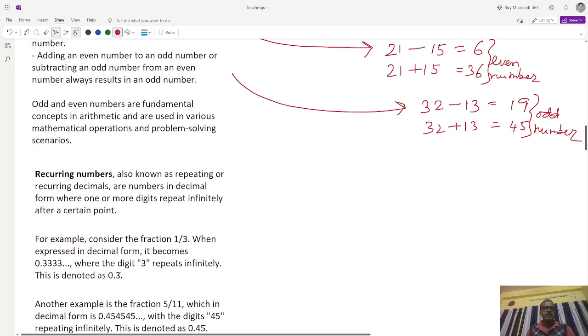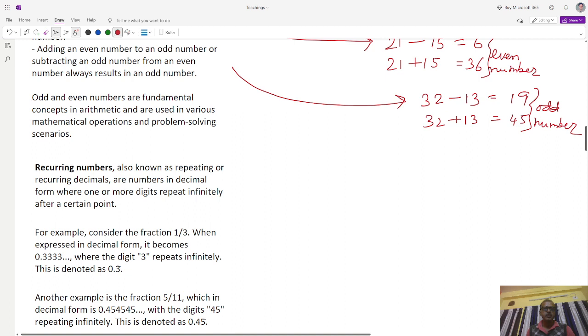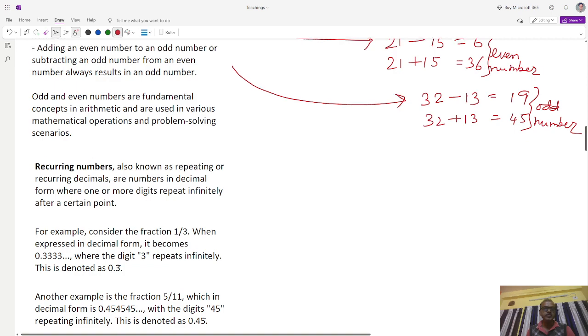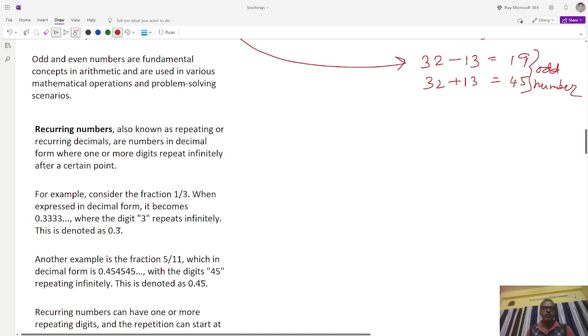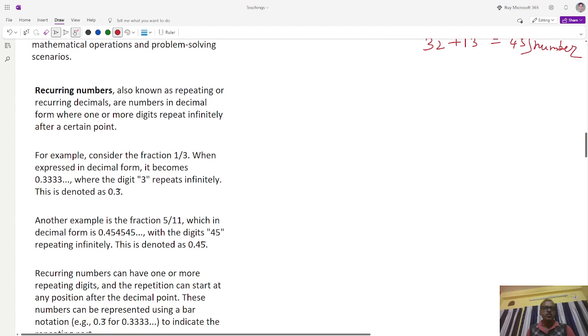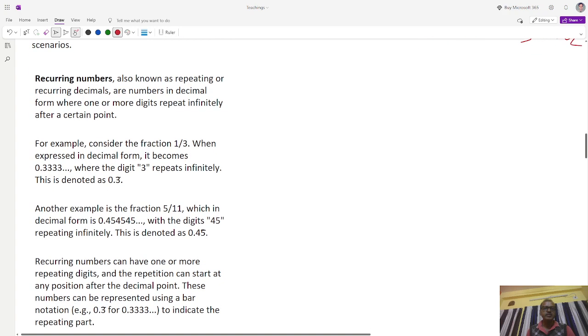Now come to the recurring numbers, which are also known as repeating or recurring decimals. These are numbers in decimal form where one or more digits repeat infinitely after a certain point. Consider the fraction 1 by 3.